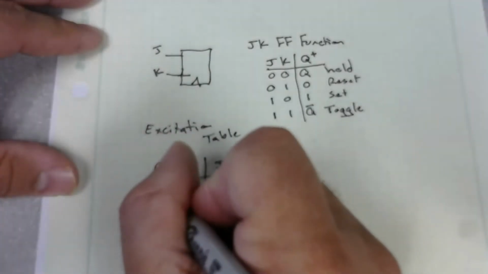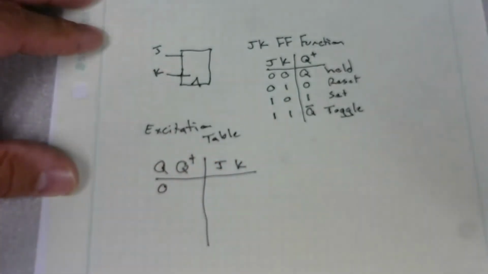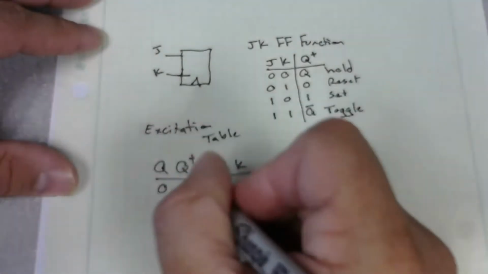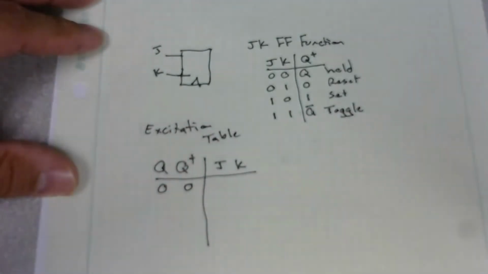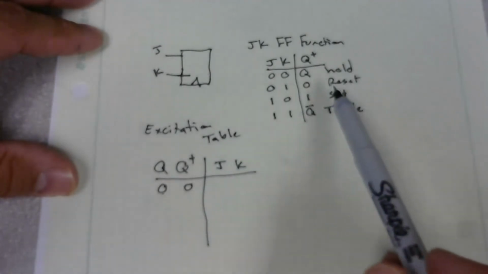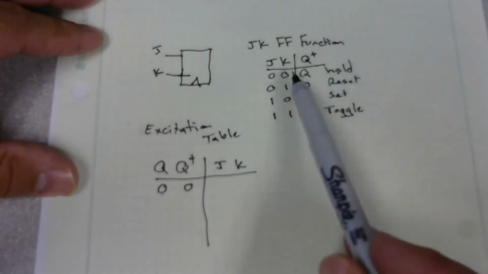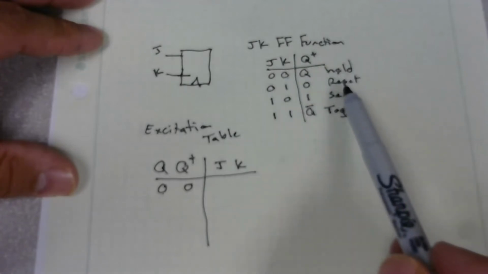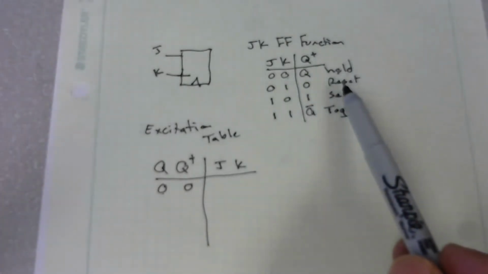So for instance, if we have a 0 on our Q, but we want to change it to a Q plus, we want to hold it to a 0, what inputs could we put on our JK flip-flop to go from 0 to 0? Well, if we look back up here at our function table, we can either hold 0, 0, or we can reset 0, 1.